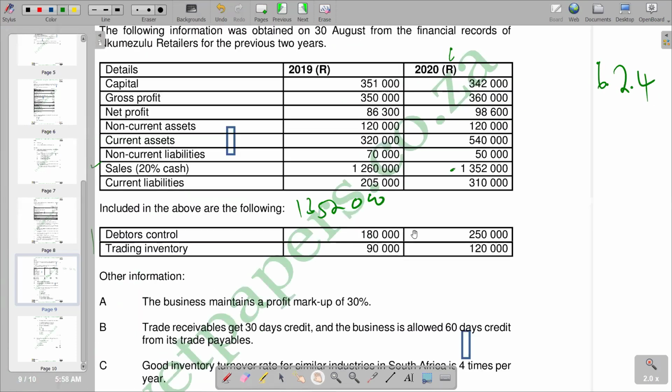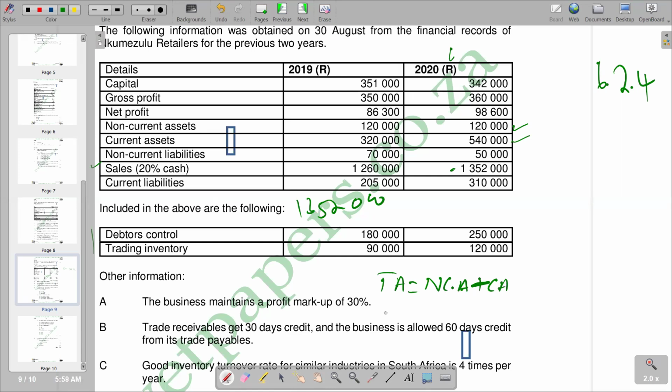Let's see in terms of total assets first. For the current year, we've got non-current assets here. In this column, we have got 120,000, and then we add our current assets, which is 540. So basically, to get your total assets, you need to say non-current assets plus current assets.